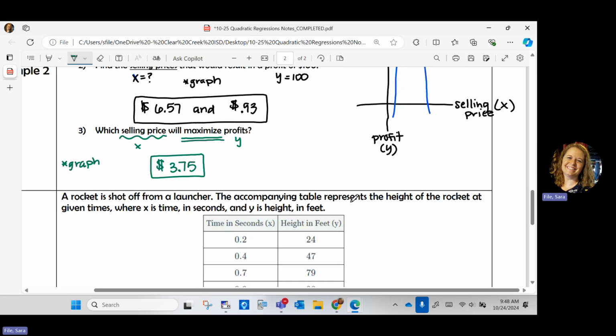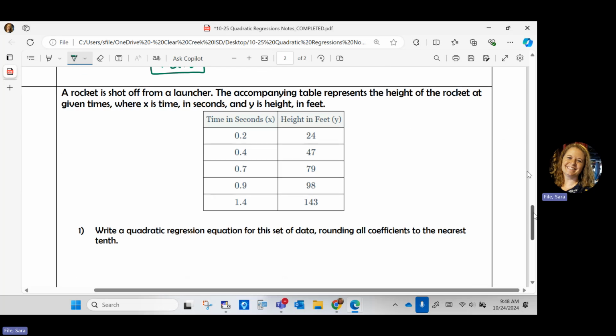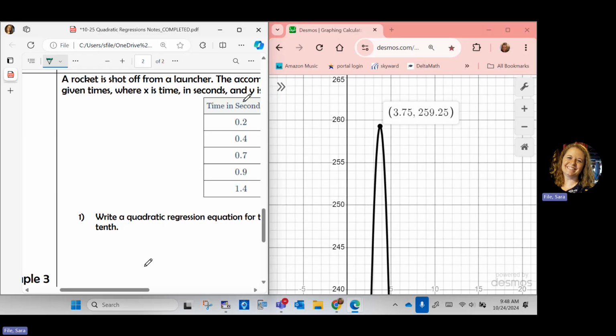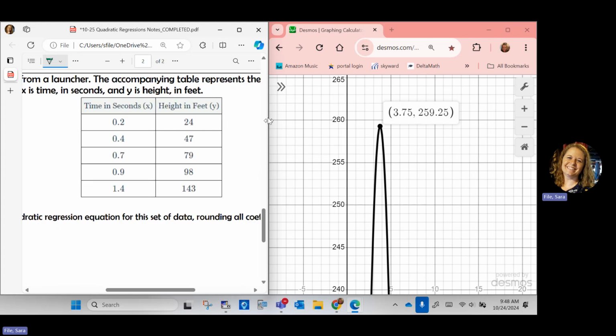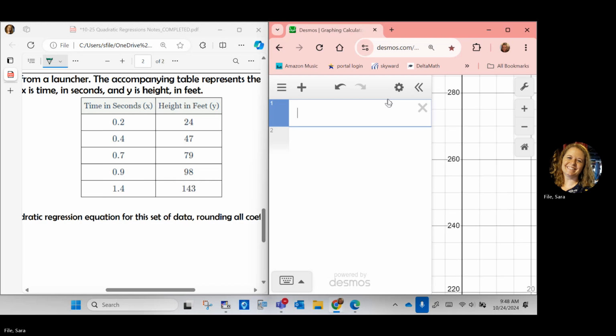All right, let's take a look at this last one. They give us the data for a rocket shot from a launcher. This is time in seconds, X, and height in feet, Y. Write the quadratic regression equation. So I do have to enter this data into my table in Desmos. I'm going to clear everything out. Got a new problem here. Adding the table.